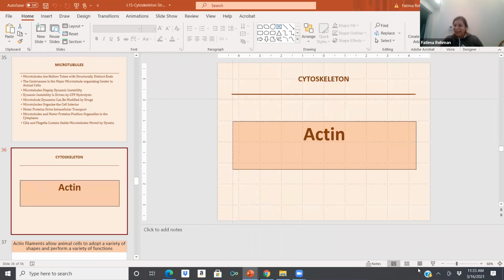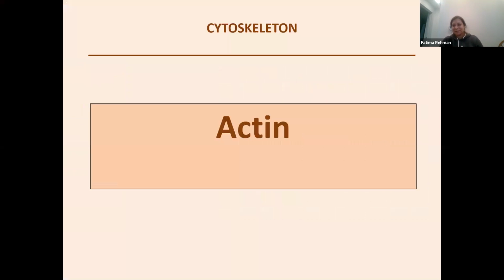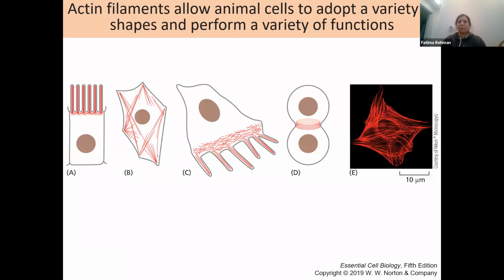Okay, so moving on to actin. That's the third of the cytoskeletal structures that we're going to talk about. Now, actin filaments work very similar to microtubules in the sense that they allow the cell to maintain its structure and its shape in the way that it needs to perform its function.